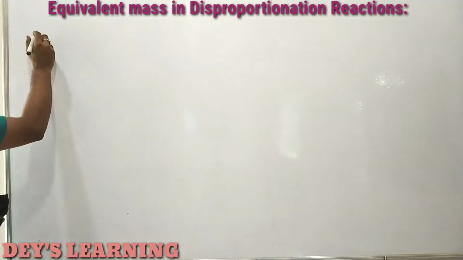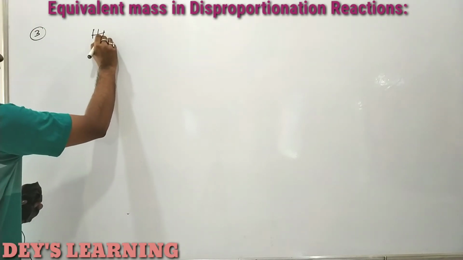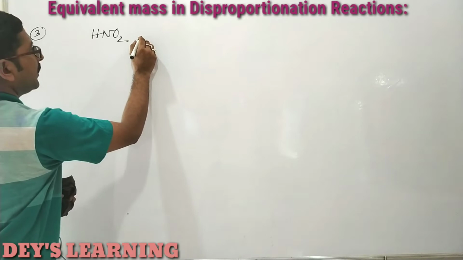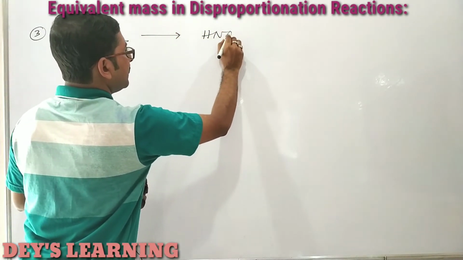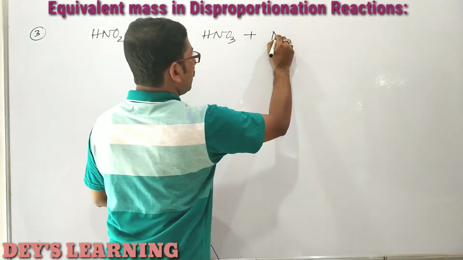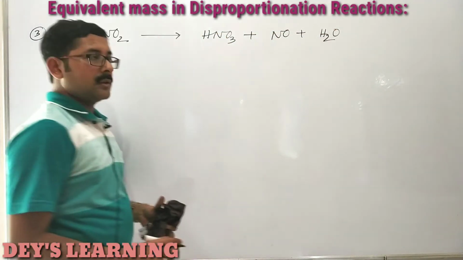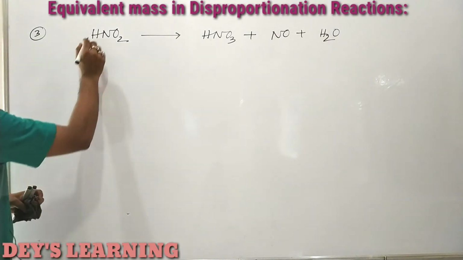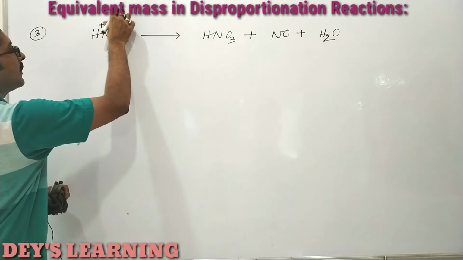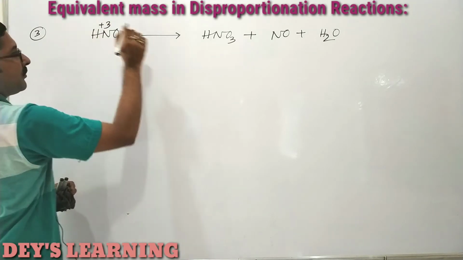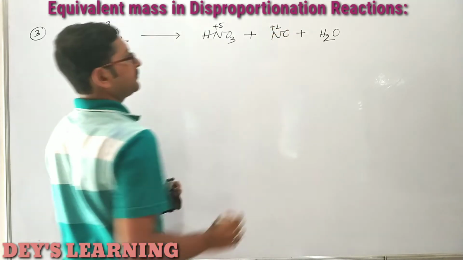We know HNO2, this is nitrous acid. On heating, it produces nitric acid plus nitric oxide plus water. This is again a disproportionation reaction because the oxidation number of nitrogen is +3 here, here it is +5, here it is +2.